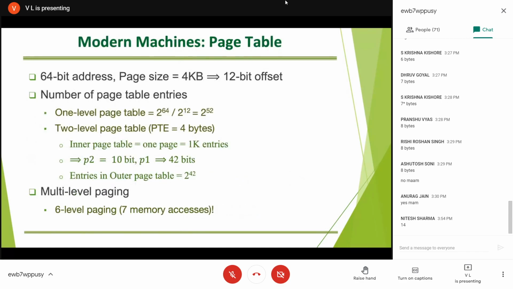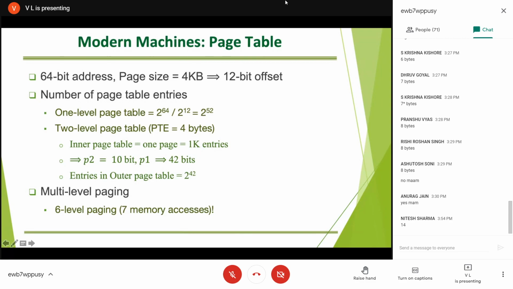In this particular case, the 64-bit address, which is realistic for modern machines, and we are using a page size of 4 kilobytes, so a 12-bit offset. So the 12-bit offset is subtracted from here. So we need 52 bits. Now if you look at 4 bytes per entry, you can have only 1024 entries in each page, so 10 bits.